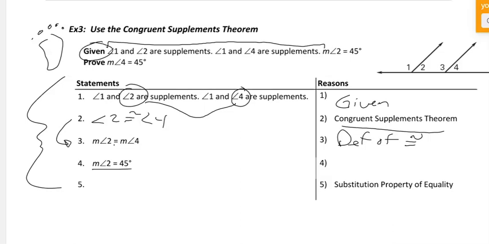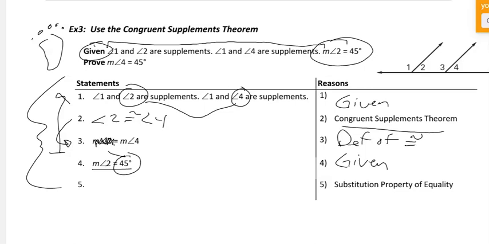Next, how do I know that measure of angle 2 is 45? Is that a standalone, or does it have to do with the stuff above? Oh, look at that. It's another freebie, given. And then lastly, what am I going to do? Here is a 2. I know 2 equals 45.